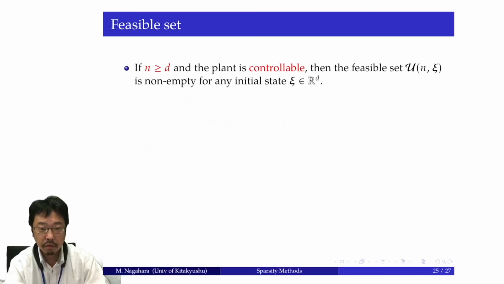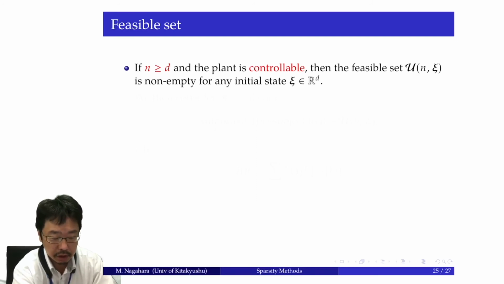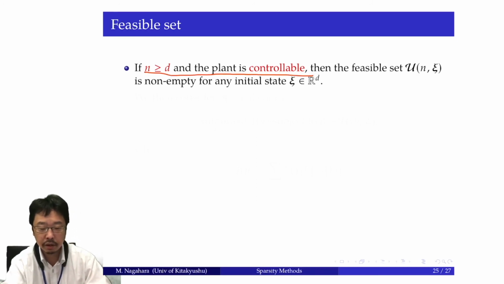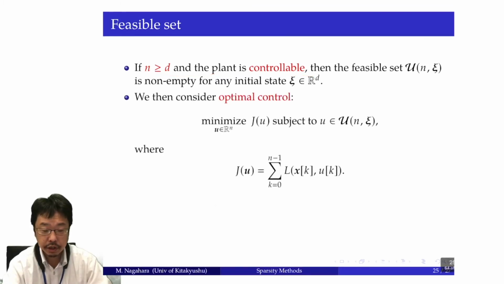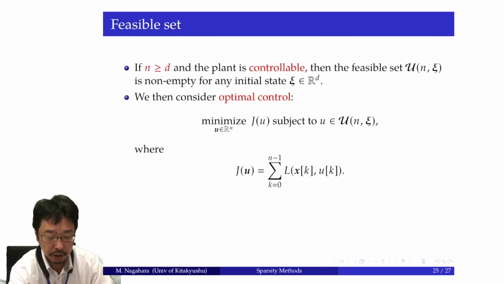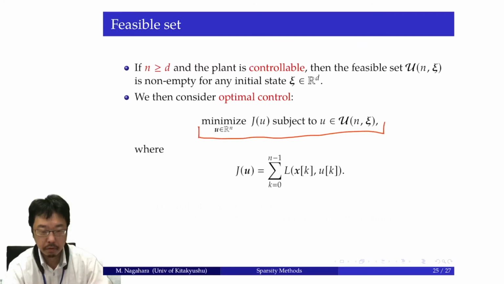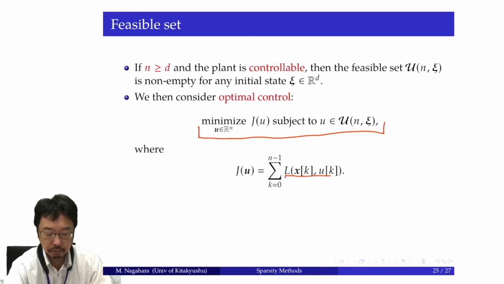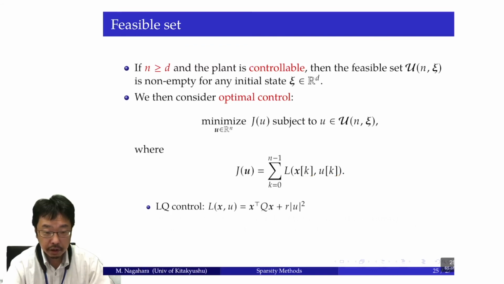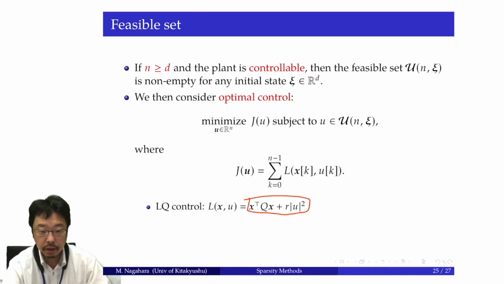From now on, we assume these properties hold, and the feasible set is non-empty. We then consider optimal control described by this, where J(u) is the cost function with stage cost L. If L is a quadratic function of x and u like this, then the problem is called the LQ, linear quadratic control.